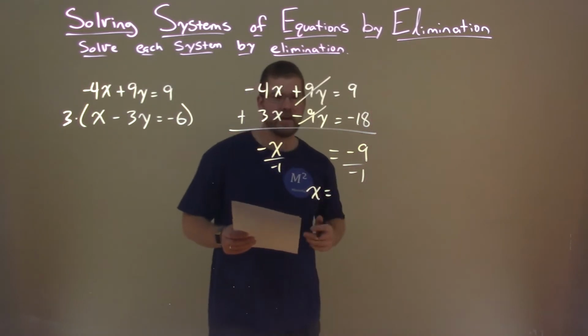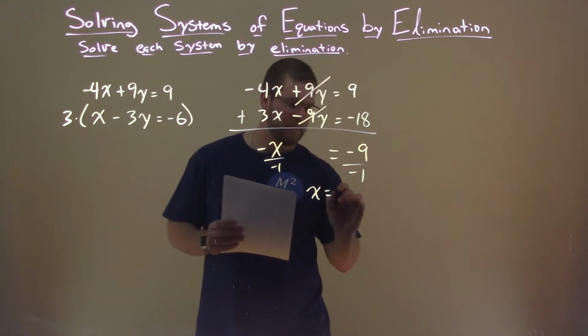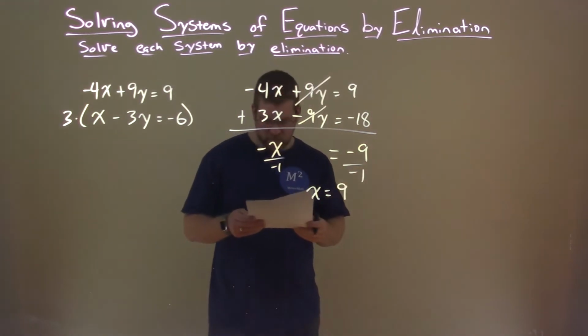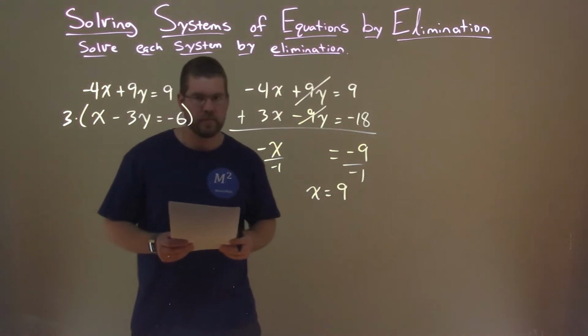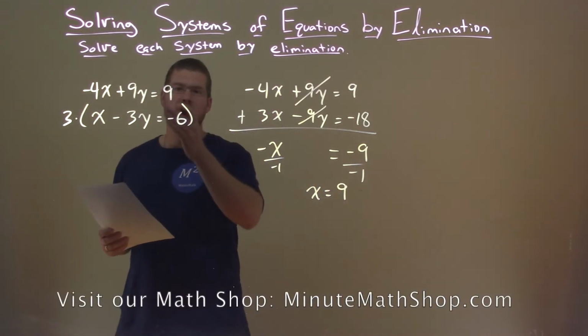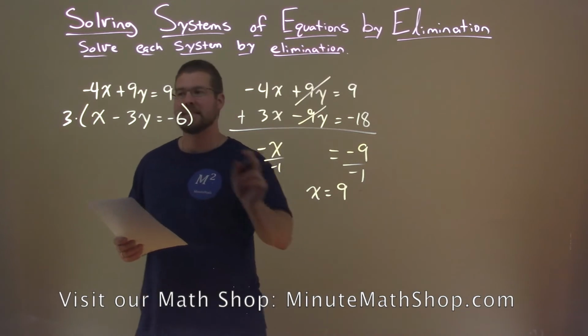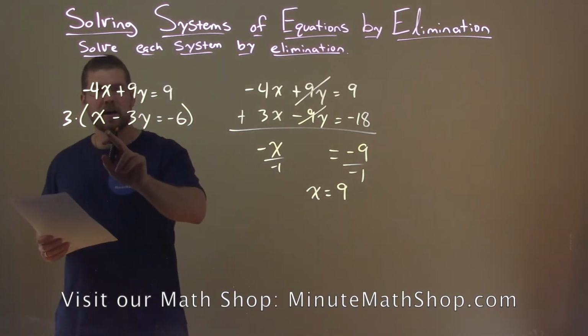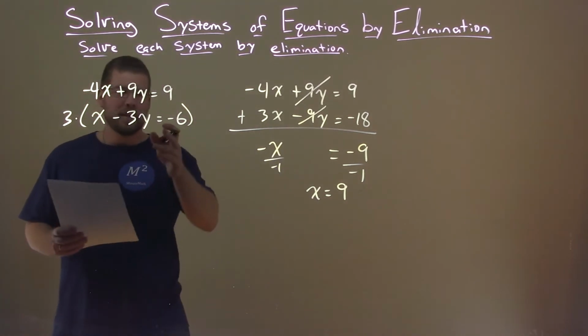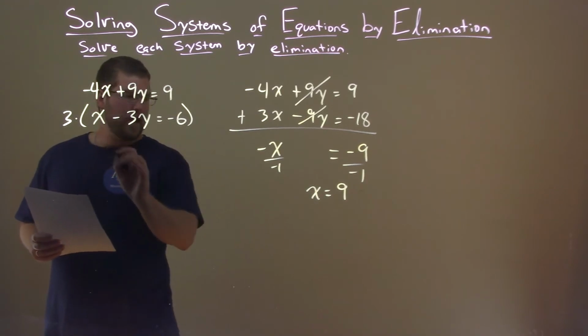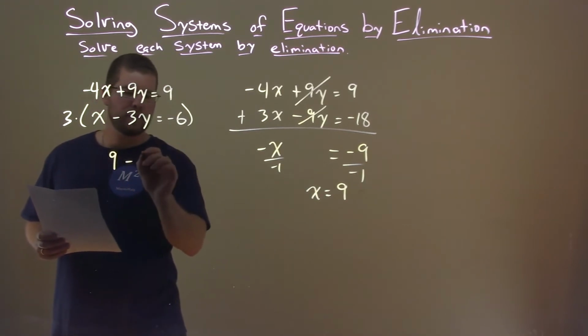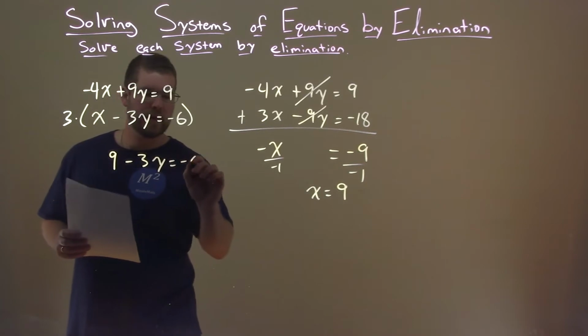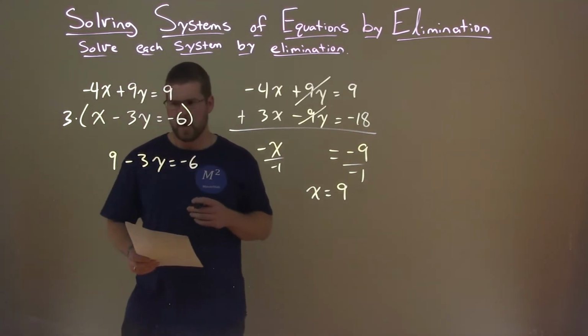Negative 9 divided by negative 1 is a positive 9. So we have our x value, we need to find the y value. So what I'm going to do is I pick one of my equations and substitute 9 in for x. I try to find the easier one. I'm thinking maybe the second equation. So instead of x, I'm putting a 9, minus 3y equals negative 6, and I'm solving for y.